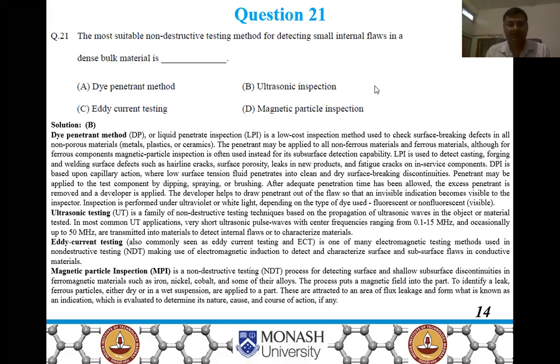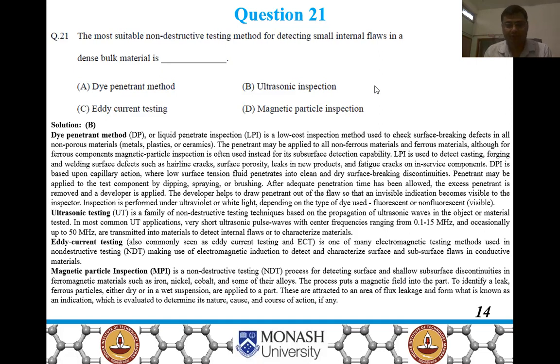The dye penetrant method, or liquid penetrant inspection (LPI), is a low-cost inspection method used to check surface breaking defects in all non-porous materials such as metals, plastics, or ceramics. The penetrant may be applied to all non-ferrous and ferrous materials, although for ferrous components, magnetic particle inspection is often used instead for its subsurface detection capability.